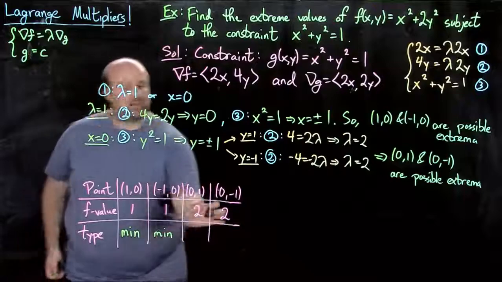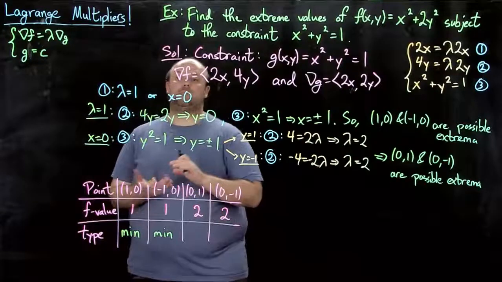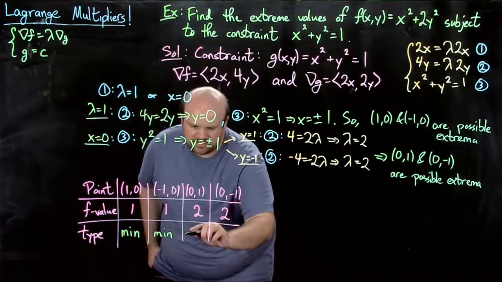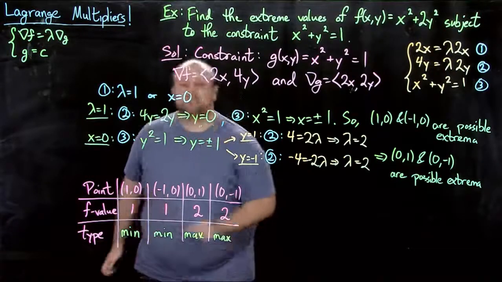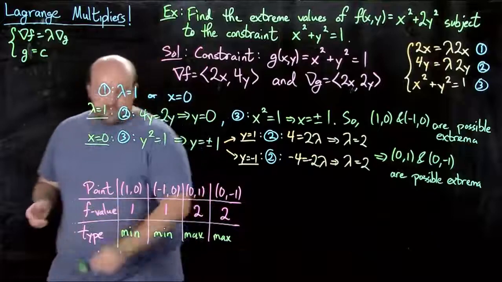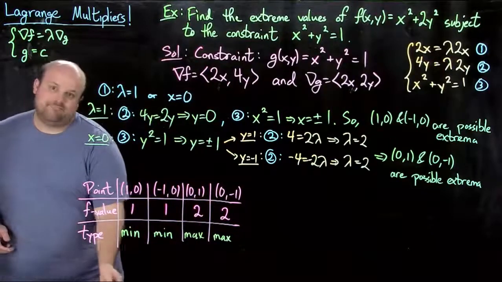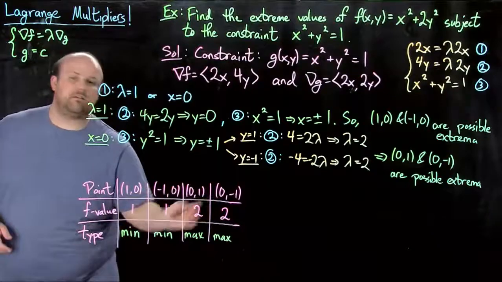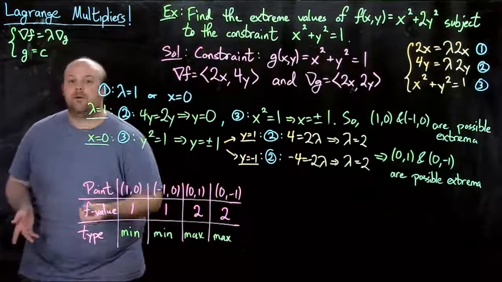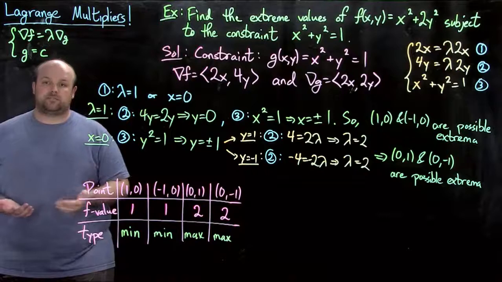And then we have a tie for the largest, so that means they're both maximum, or maxima. Max and max. All right? So since they're both the same, in here and here, we have 2 min and 2 max. Right? And that's how these problems go.